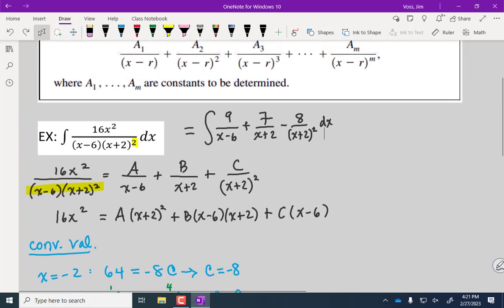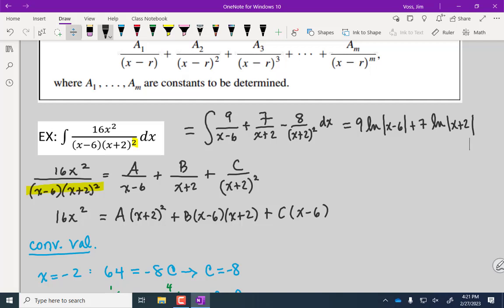All right. So these first two are logs. We have 9 natural log absolute value of x minus 6 plus 7 natural log of absolute value of x plus 2. And then what do you think we're going to do with that last integral?